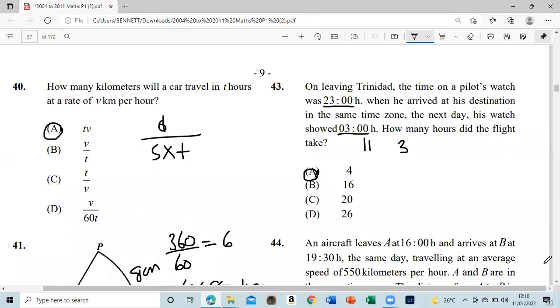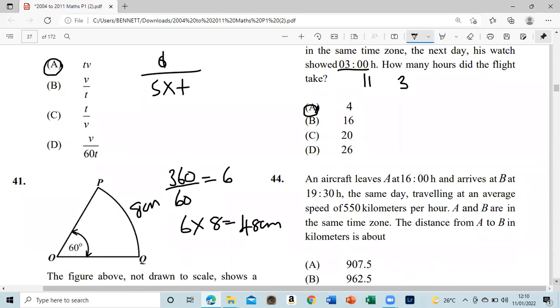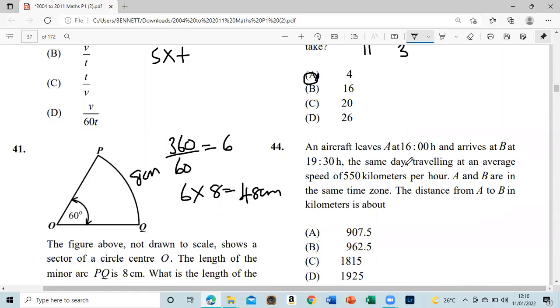All right, an aircraft leaves A at 1600 hours and arrives at B at 1930 the same day, traveling at an average speed of 550 kilometers per hour. A and B are in the same time zone. The distance from A to B in kilometers is about, all right, so let us just recap, right?